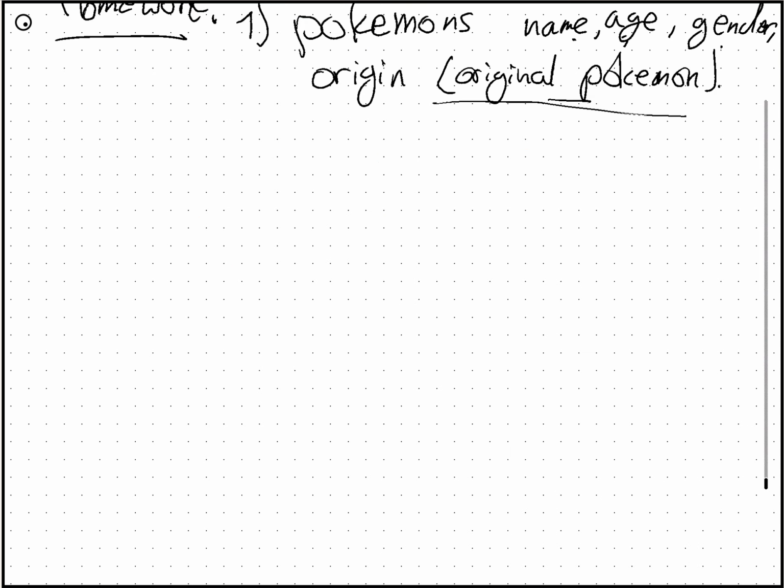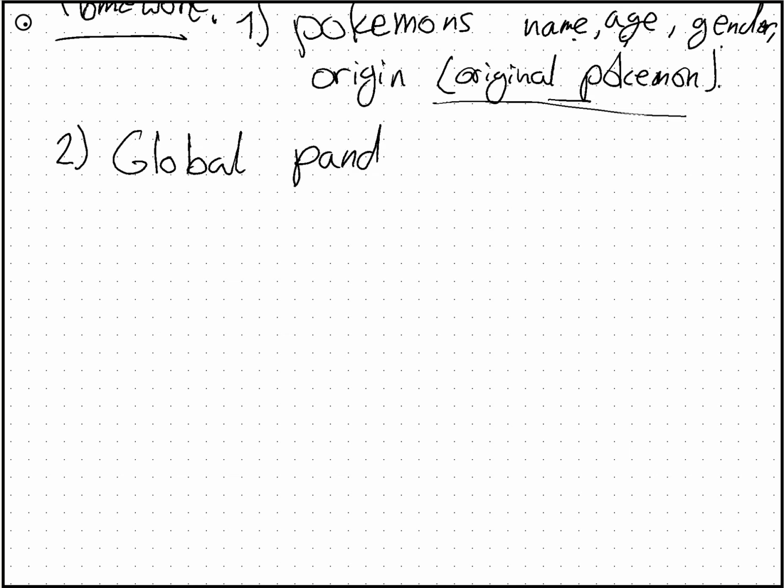The second problem is regarding a global pandemic. Do you know what a pandemic is? Yes, like Corona. Yes, indeed. We're all so lucky enough to have lived through the pandemic as well. So, to fight a global pandemic, vaccines were developed.